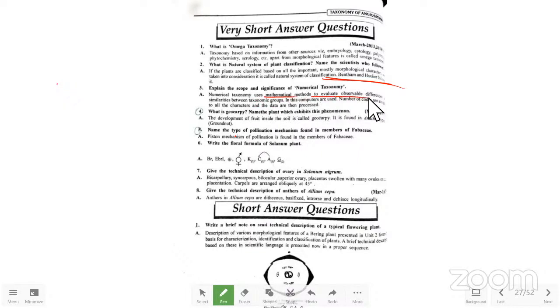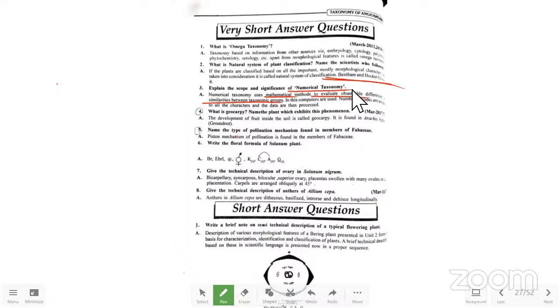That means taking the characters which we have observed, and the differences and similarities between the taxonomical groups, is called numerical taxonomy.